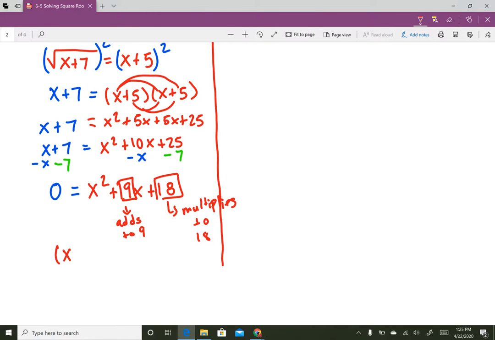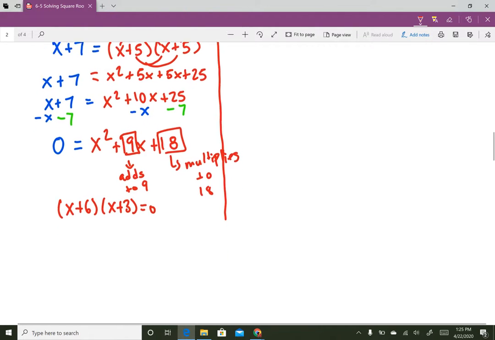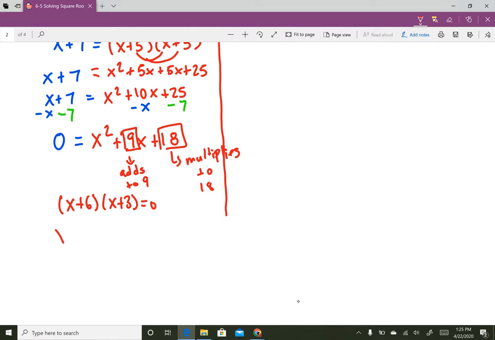So I'm going to do x plus 6 and then x plus 3 equals 0, because 6 times 3 is 18 and 6 plus 3 is also 9, so those both work out for us. Now I'm going to do the zero product property and set both of these equal to 0. I'm going to solve, and I get x equals negative 6 and x equals negative 3. So in this case, I got two answers.